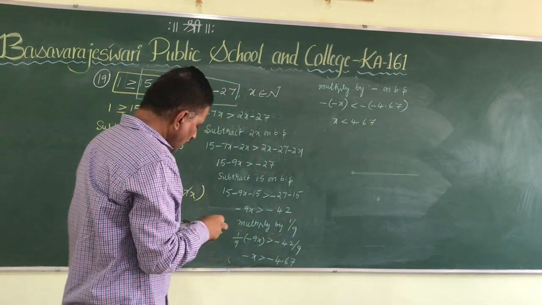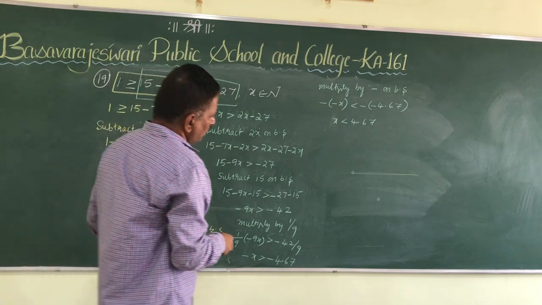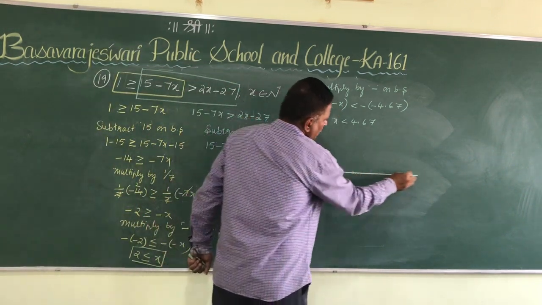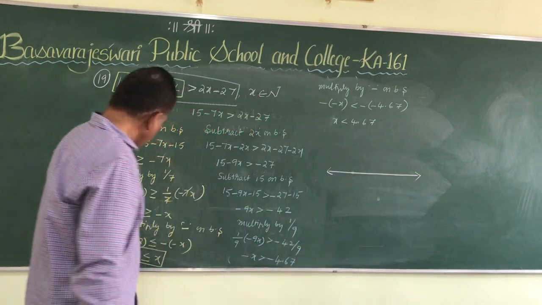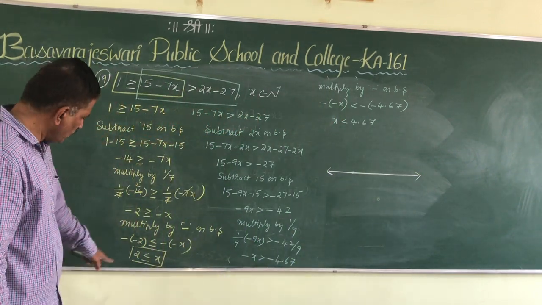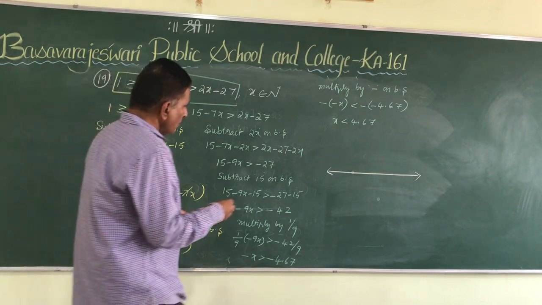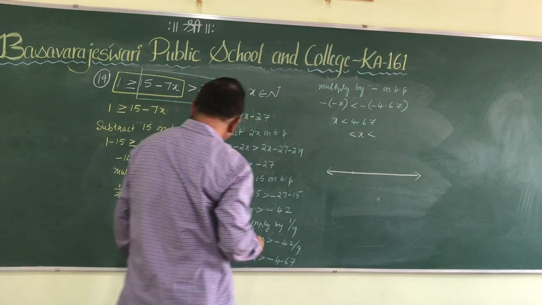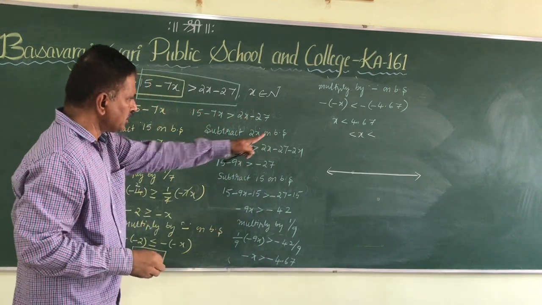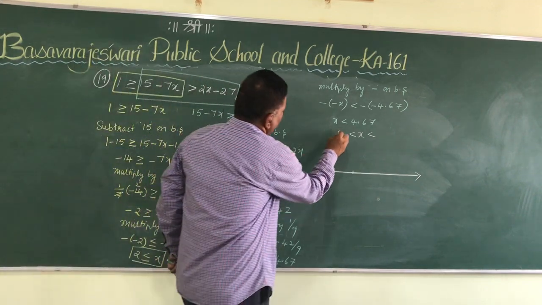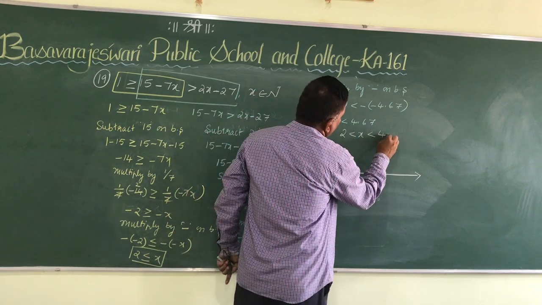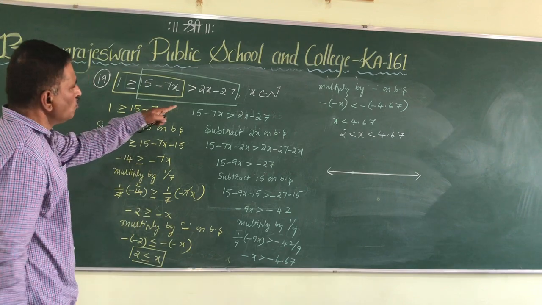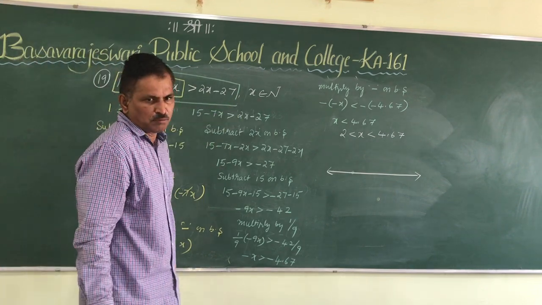We have to represent this on the number line. So I will take the number line. Very clearly I can write x here, with less than symbols on either side, 2 and 4.67, where 2 is the smaller value on the left side. He is asking you to find the values which are natural numbers.